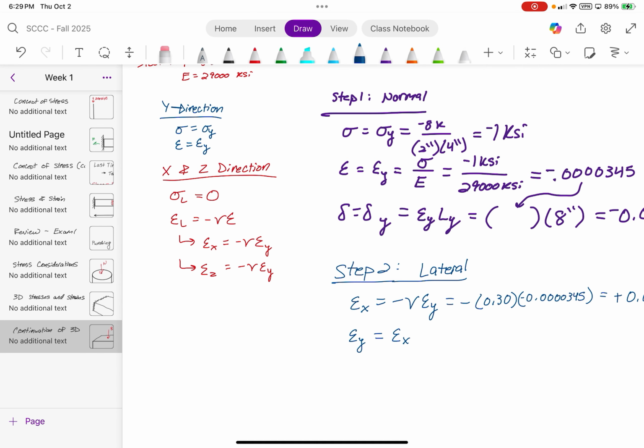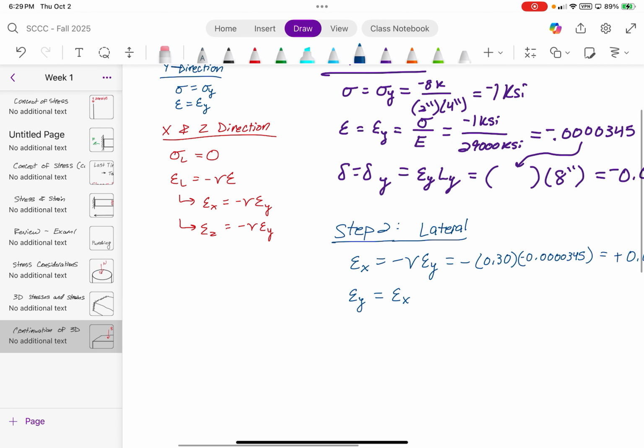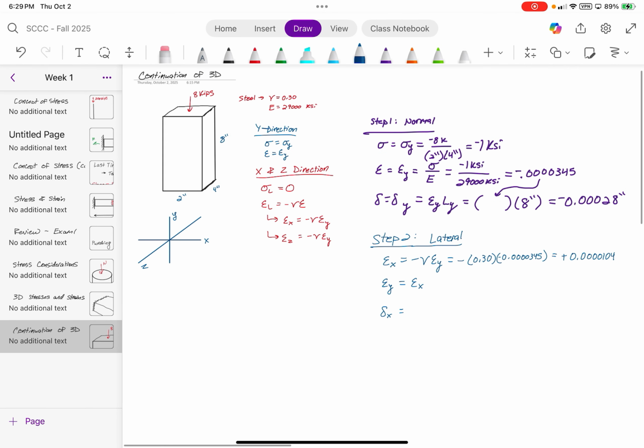But here's where it gets a little tricky and why the direction matters. If we wanted to calculate the deformation in the x direction, what would the equation be that we would use? Yes.